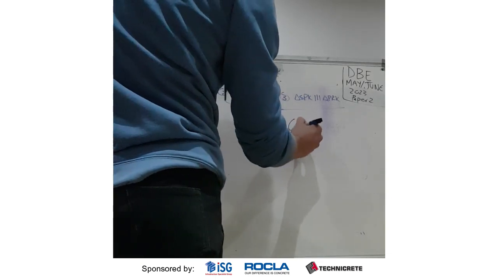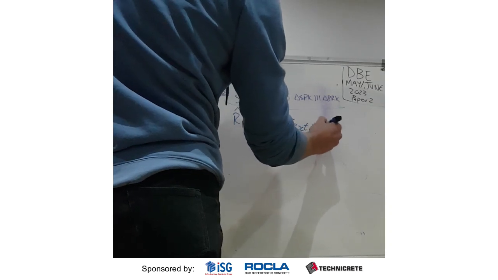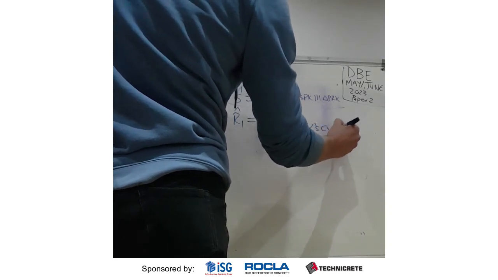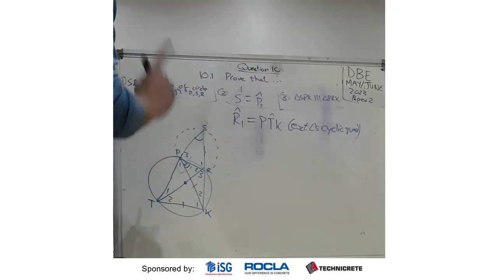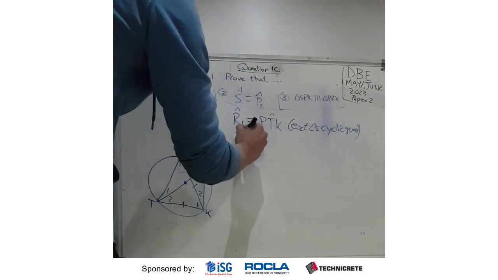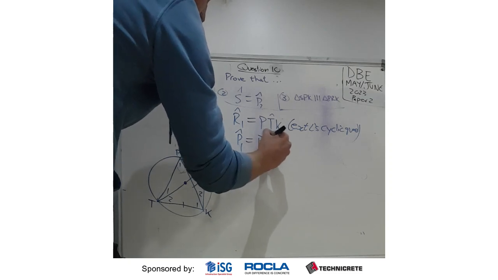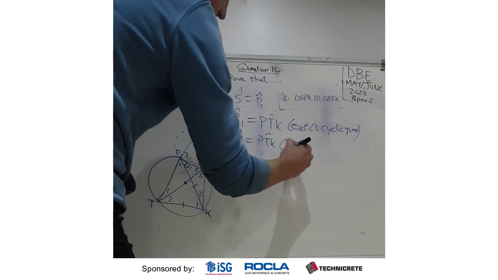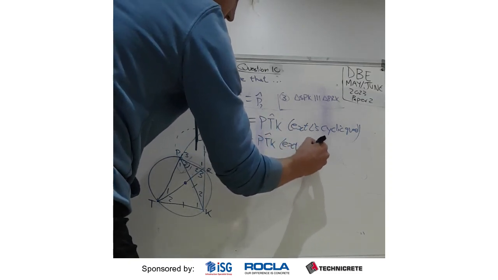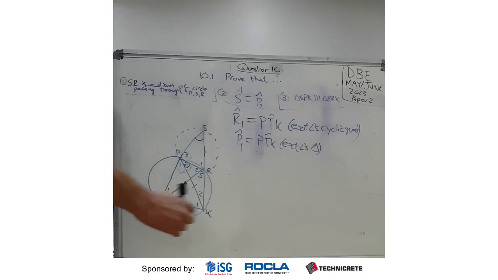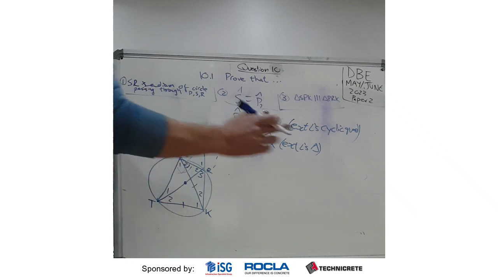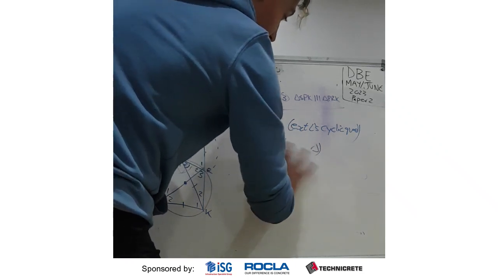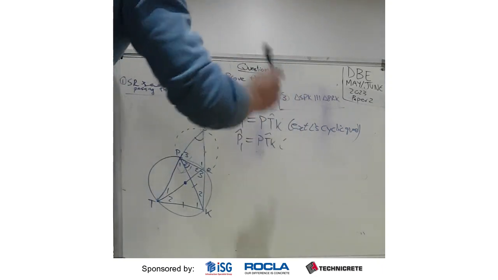Why is that? It's the exterior angle of a cyclic quad. Furthermore, angle P1 is also equal to angle PTK, this time because of, sorry, not exterior angles, I've got myself confused here.